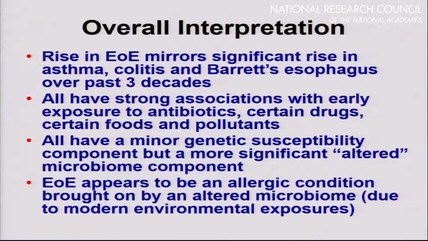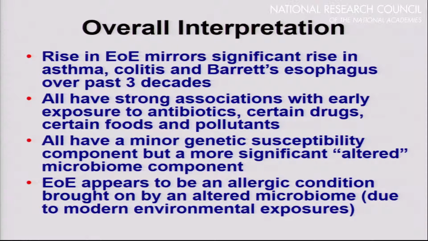So in terms of EoE, in terms of the overall interpretation, if you plot the rise of EoE and you plot the rise of the incidence of asthma, the rise in incidence of colitis, and more particularly the rise of Barrett's esophagus, they match very, very closely. And as more and more is being published, they have very strong associations with early exposure to antibiotics, to certain types of drugs. They obviously have links to foods and pollutants.